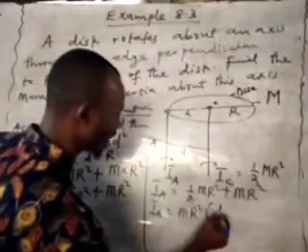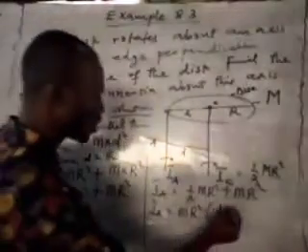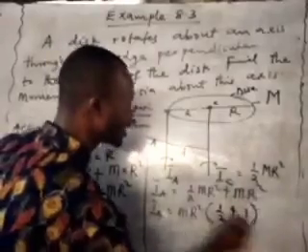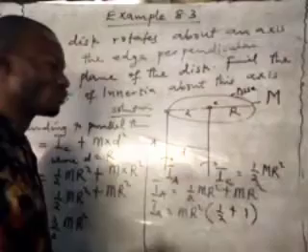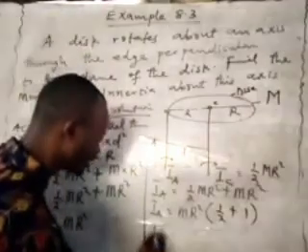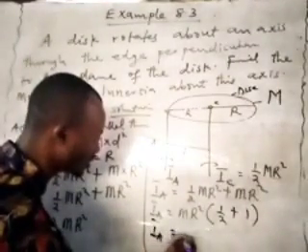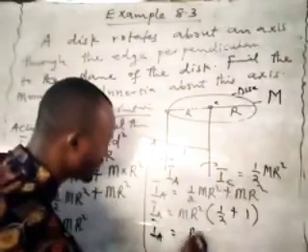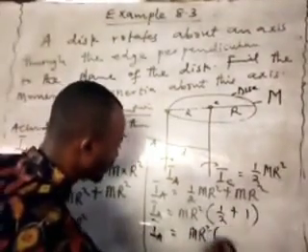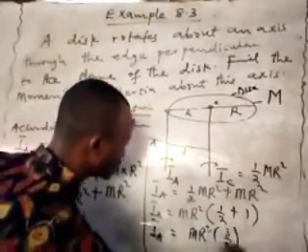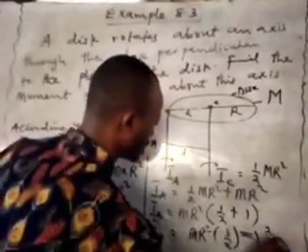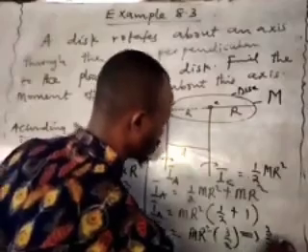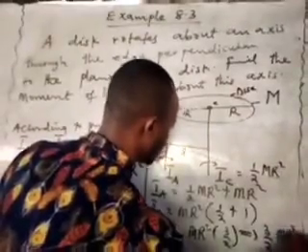What remains here is just half, plus what remains here is 1. When you add half and 1, you get 3/2. So the inertia about A is just m r squared times 3/2, which gives us 3/2 m r squared. So that was how I got to this point.